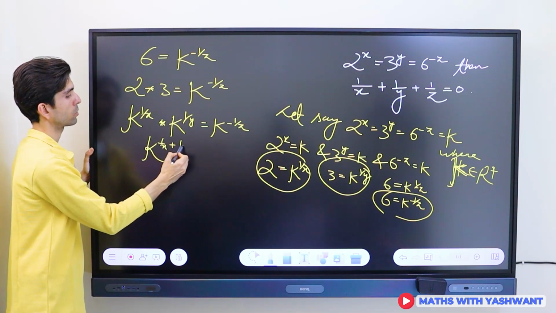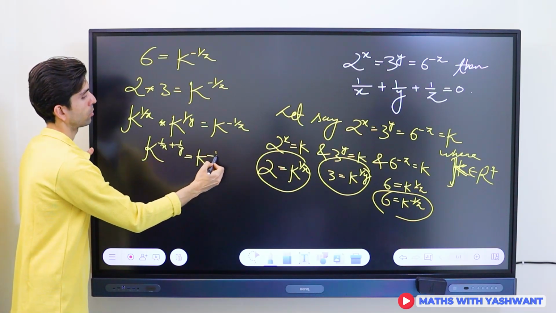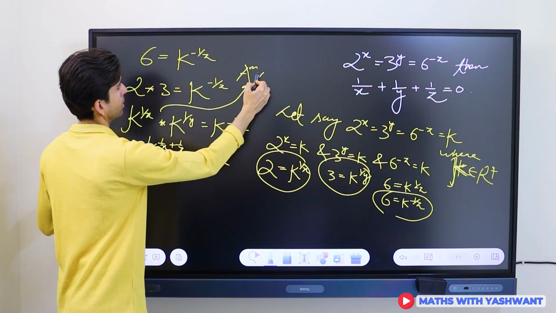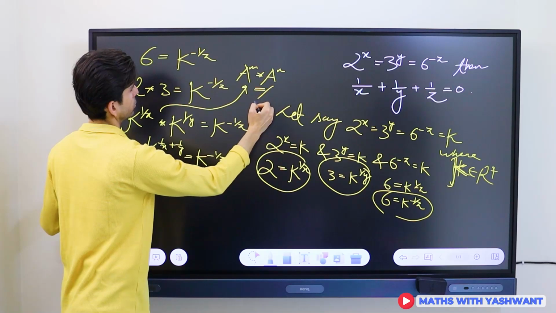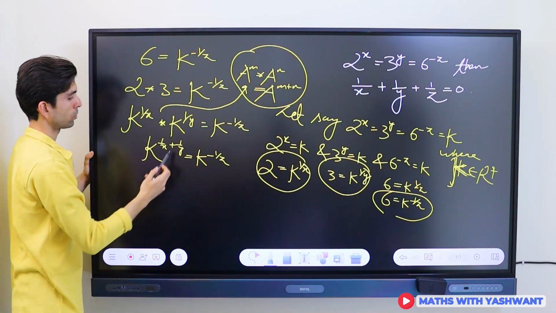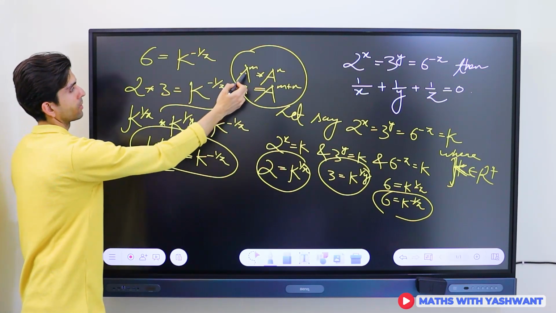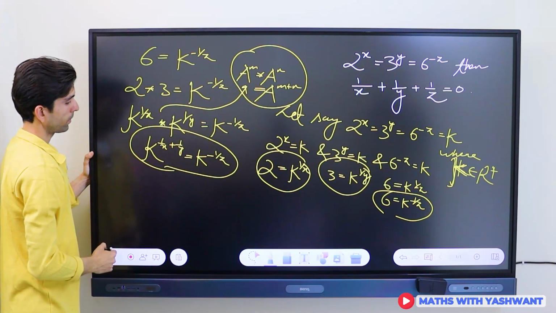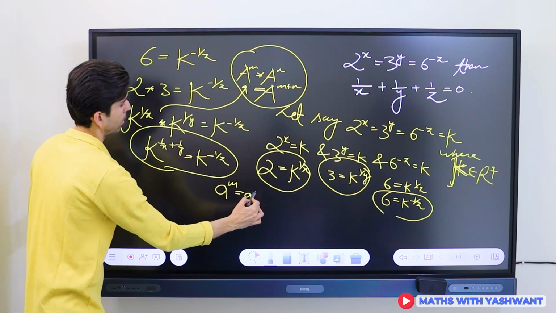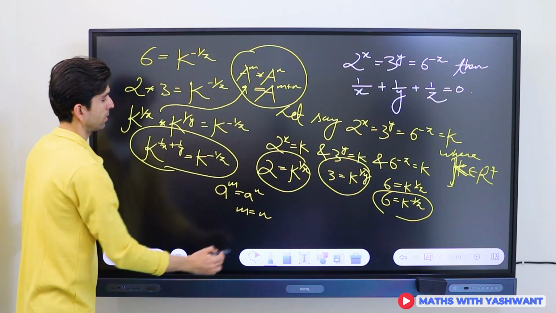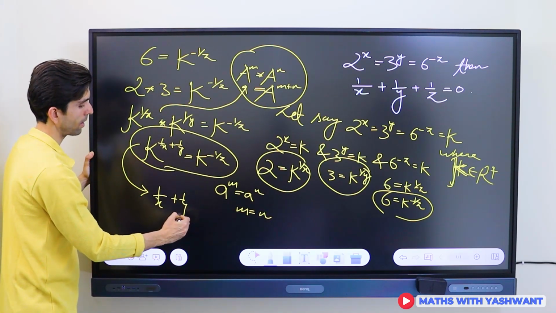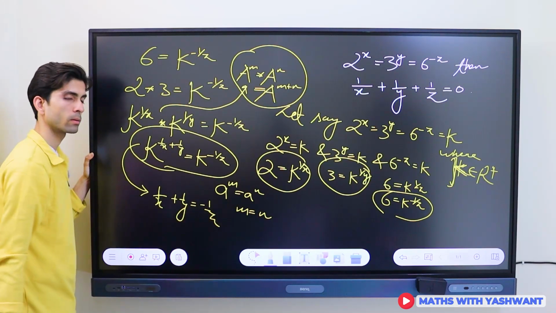So 1/x + 1/y for k^(-1/z) is actually the law a^m into a^n equals a^(m+n). This follows from this law. Now a^m equals a^n implies m equals n. So following this, I can write 1/x + 1/y is equal to -1/z.